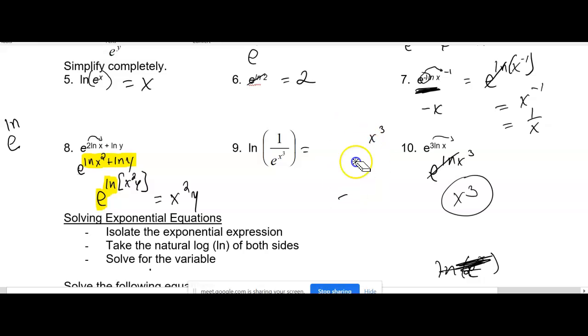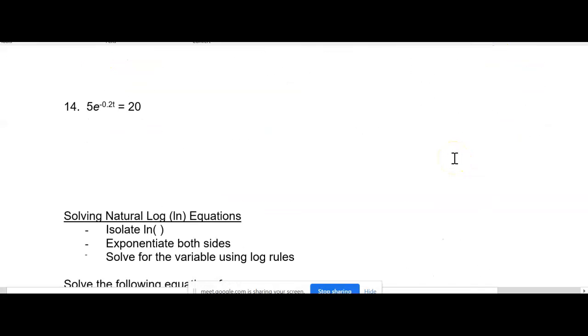Oh, I don't know if it's supposed to be a negative 3, to be honest. I think I'm just trying to go too fast to make sure we finish. So it would have been natural log of 1 minus the natural log of e to the x cubed. So that would have canceled. And then the natural log of e is going to cancel. So it would have just been a negative x cubed. So I either was rushing or it was just an accidental tick mark there.